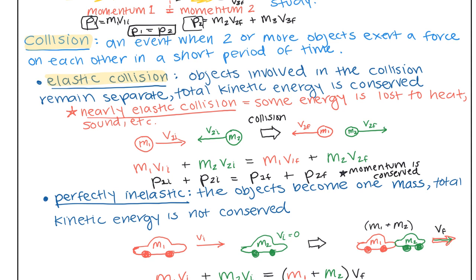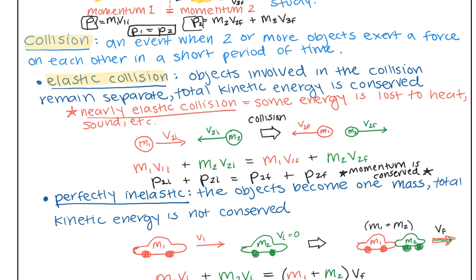These collisions are really easy to work with, but they don't actually happen that much in nature. Typically, some energy is lost during collisions. That's why you hear the smack of the marbles when they come together and collide. That energy might be lost to heat, sound, or friction.